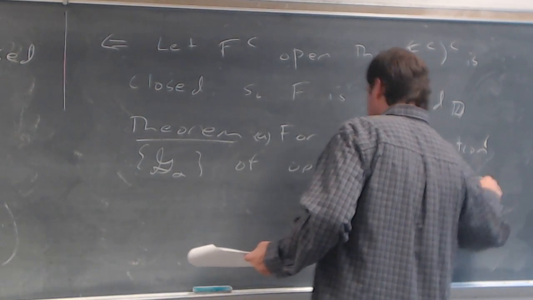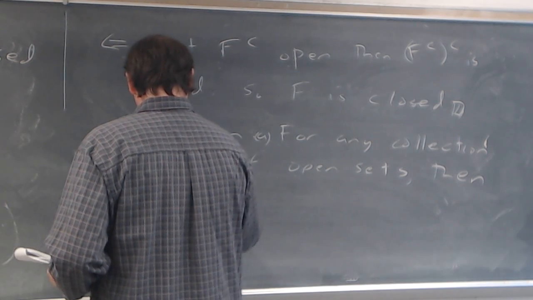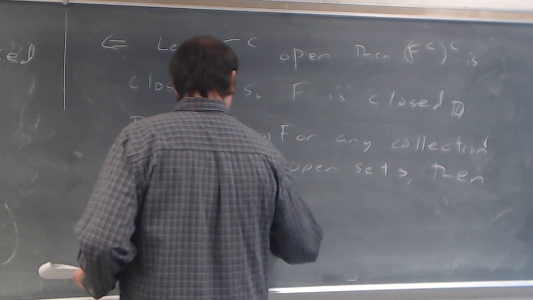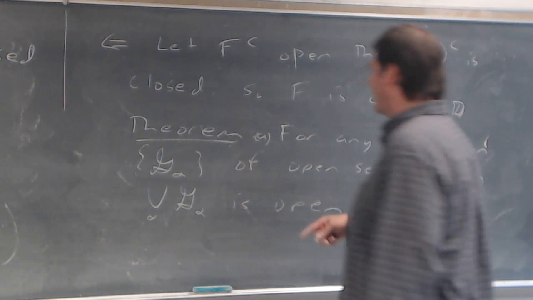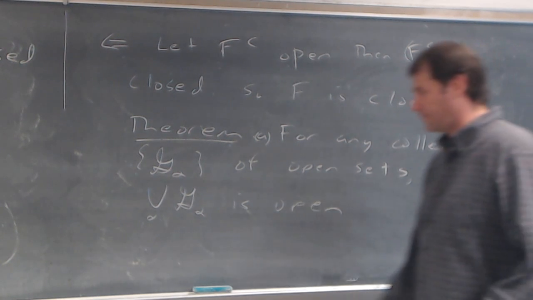Then the union over all these alphas of G sub alpha is open. So any arbitrary union of open sets is open. That's what this is saying.